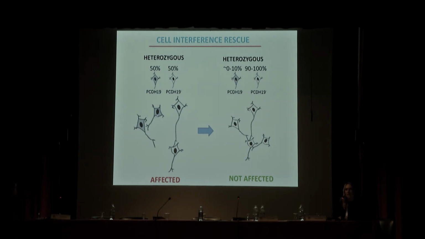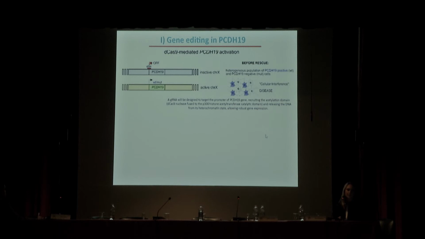So, as a first approach to try to rescue the cellular interference, we plan to generate a homogeneous population of PCDH19 positive cells. And to do this, we plan to perform a Cas9-mediated PCDH19 activation.